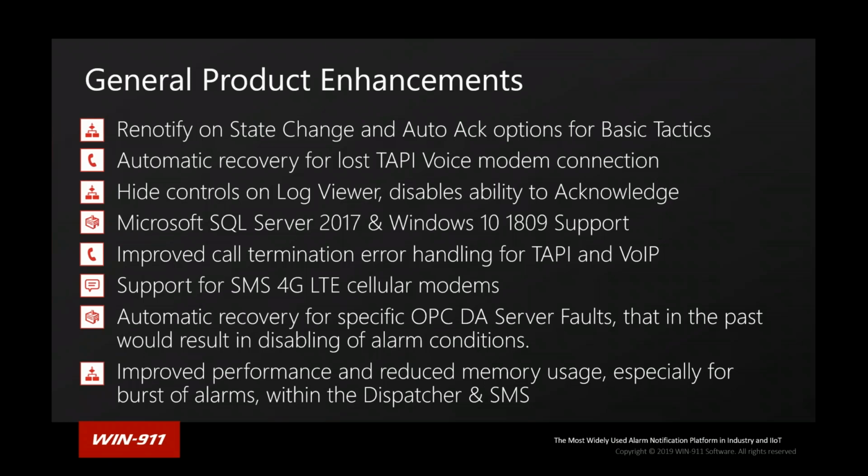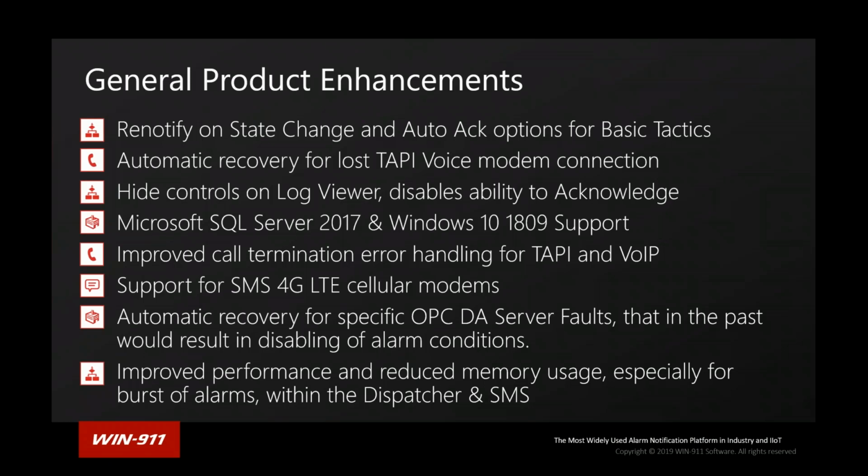So what we're doing is there are specific errors now where, if we get a bad quality along with a server fault, we will determine if this is recoverable or not, and if so, we'll hang on to the item to wait for a good update. A good example of why we would release a handle is if you, at the simple level, misconfigured a tag and it doesn't exist in the OPC server. There's no reason for us to keep trying to connect to it or keep trying to get a good value if it doesn't exist there.